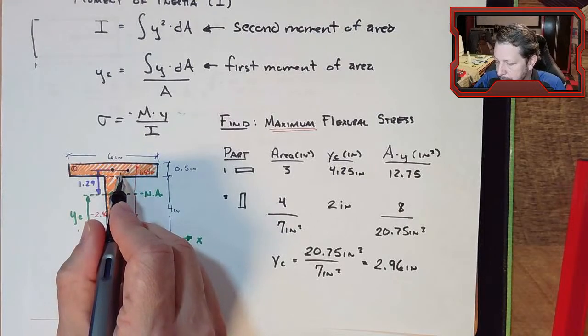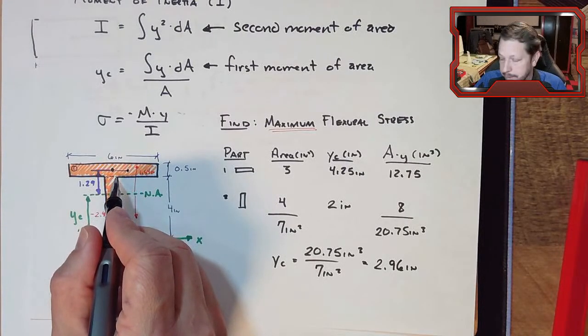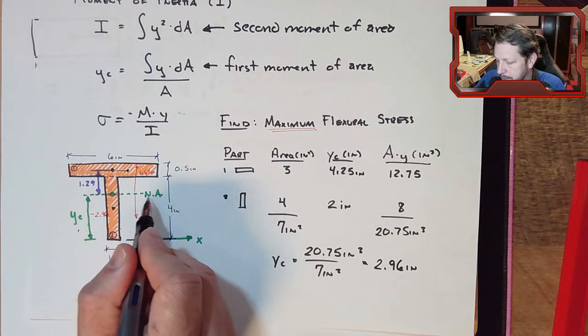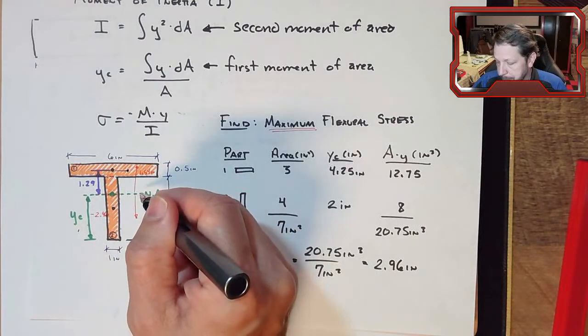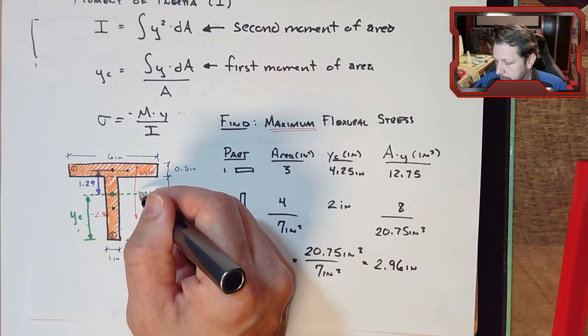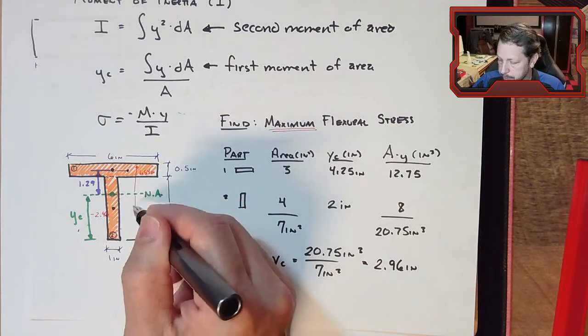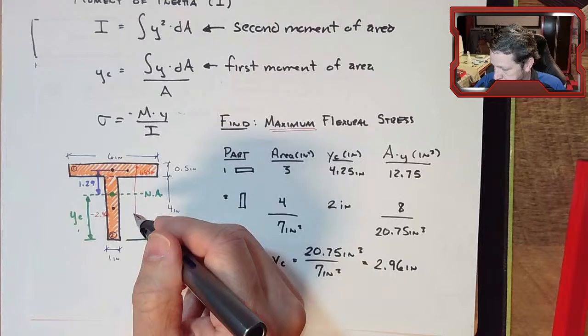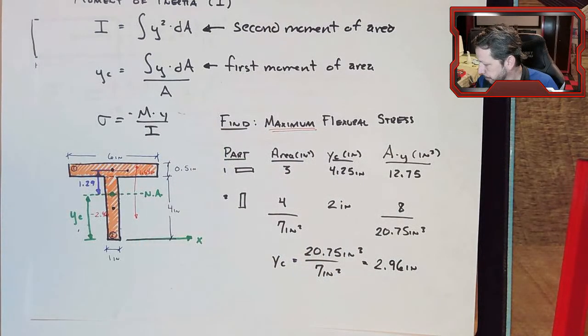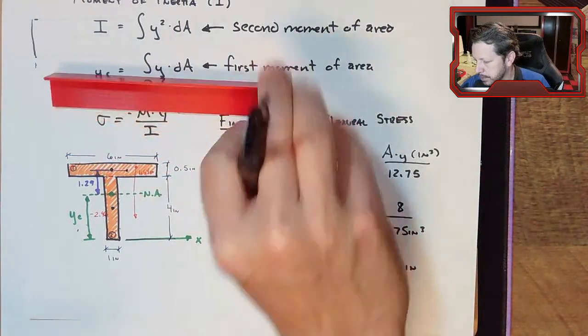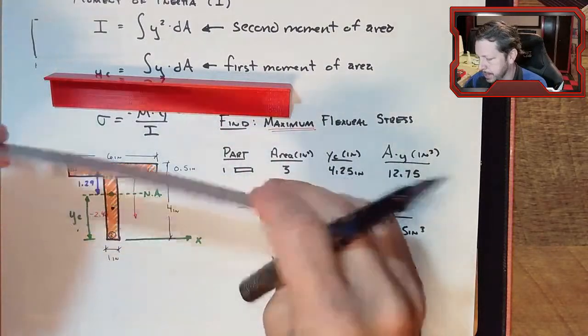That's not the point the beam is bending about. Remember, the neutral axis is the point in the beam where you transition from compressive stress to tensile stress, or from tensile to compression, depending on which way the beam is bending. But remember, when you bend a beam, so here's a beam, I should have made this one out of flexible stuff that I could actually bend.